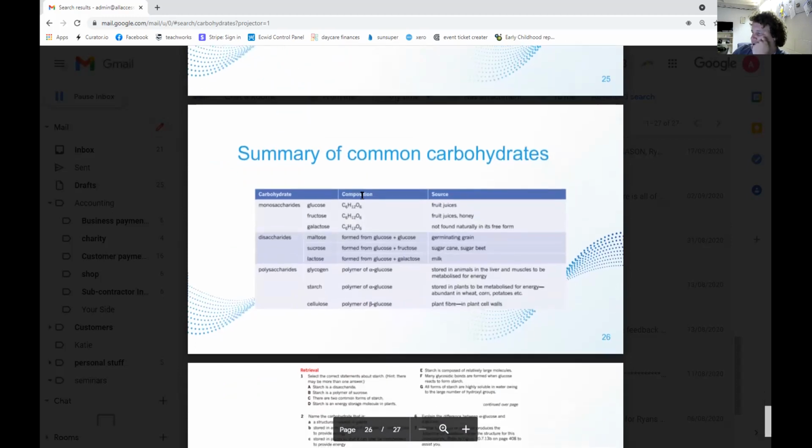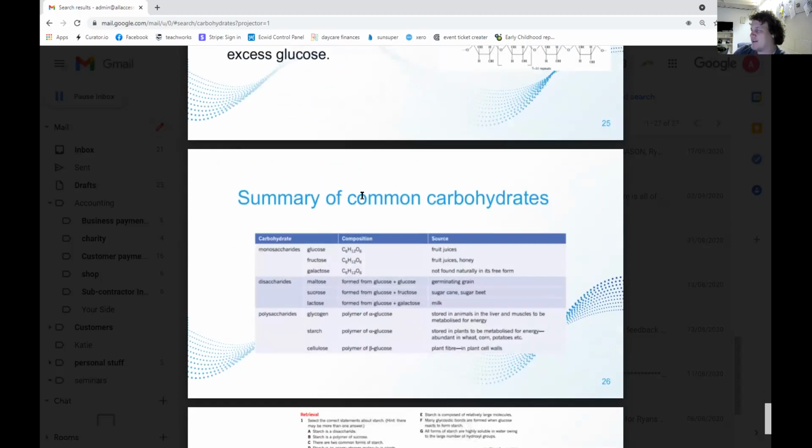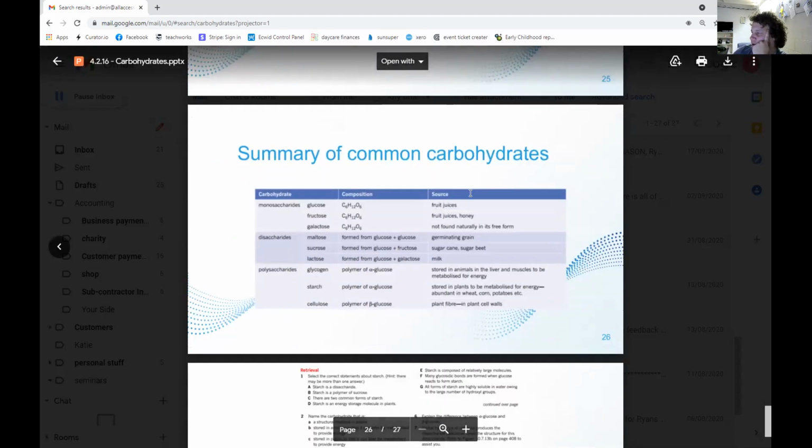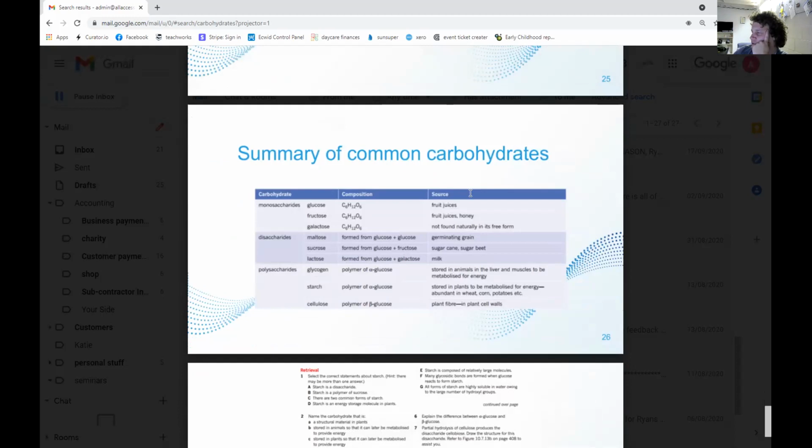Okay, and I'm going to send these slides when I upload the recording after this. So we have the common carbohydrates: monosaccharides glucose, fructose, and galactose; disaccharides maltose, sucrose, and lactose. And then the polysaccharides are glycogen, starch, and cellulose.